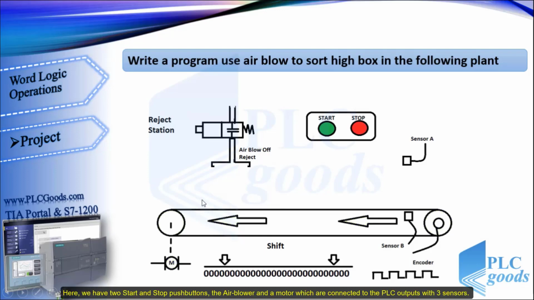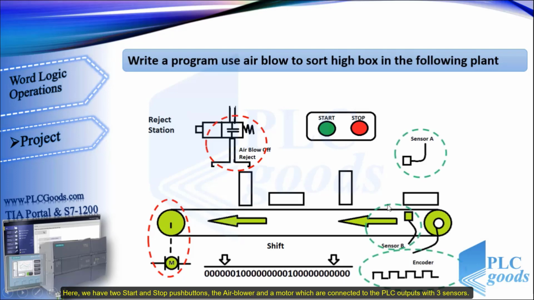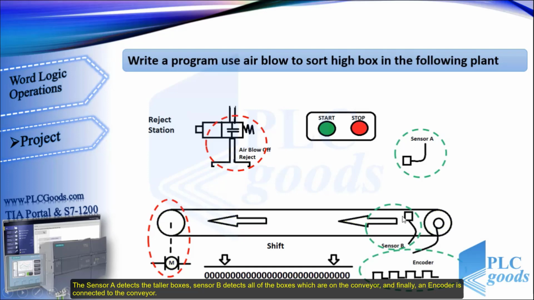Here we have 2 start and stop push buttons, the air blower and a motor which are connected to the PLC outputs with 3 sensors. The sensor A detects the taller boxes. Sensor B detects all of the boxes which are on the conveyor.